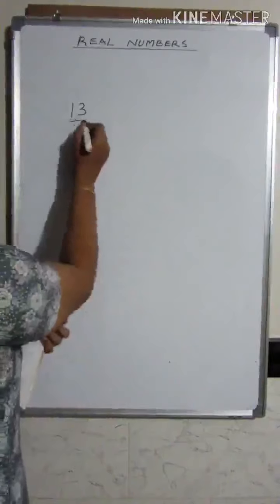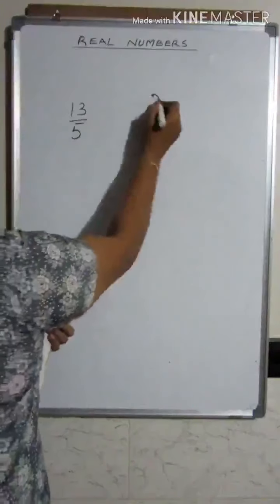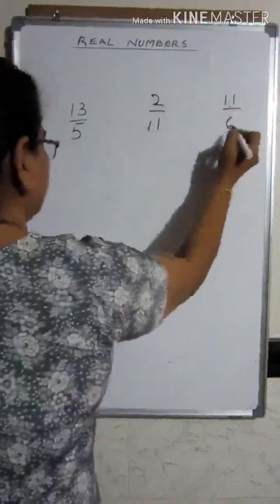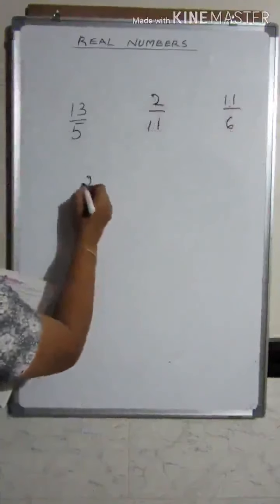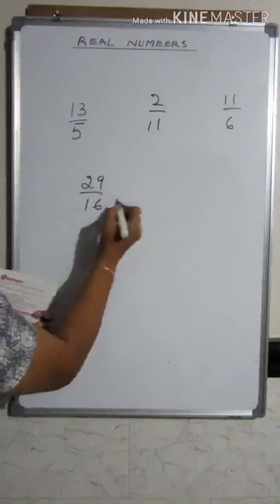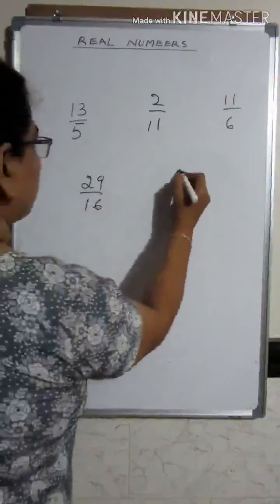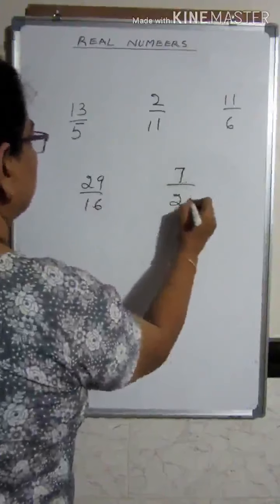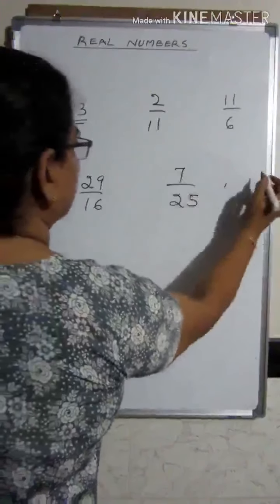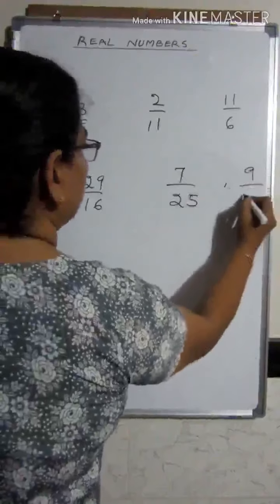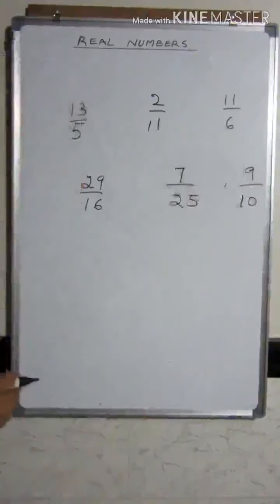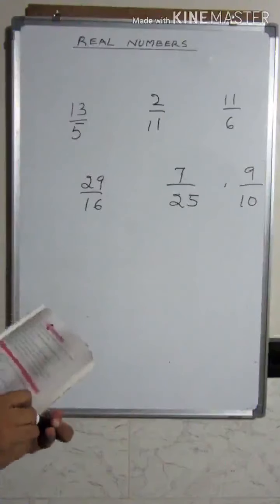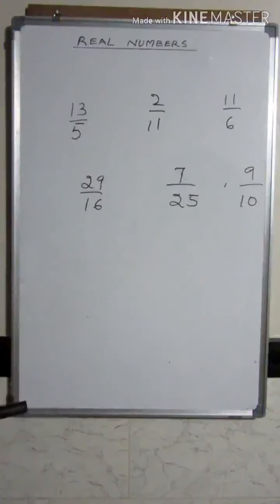So few examples I have taken here and will explain to you. 2 upon 11, 11 upon 6, 29 upon 16, 7 upon 25, 9 upon 10. So these are the few problems where you have to classify them as terminating and non-terminating recurring decimal.